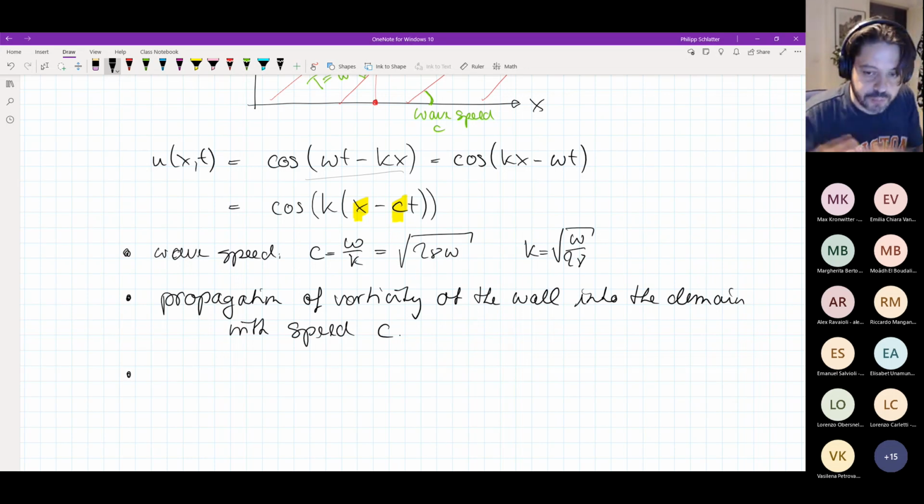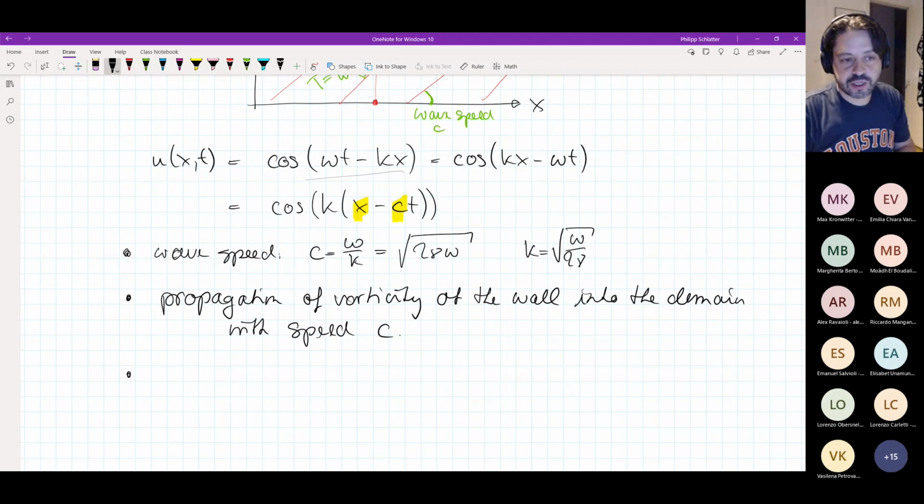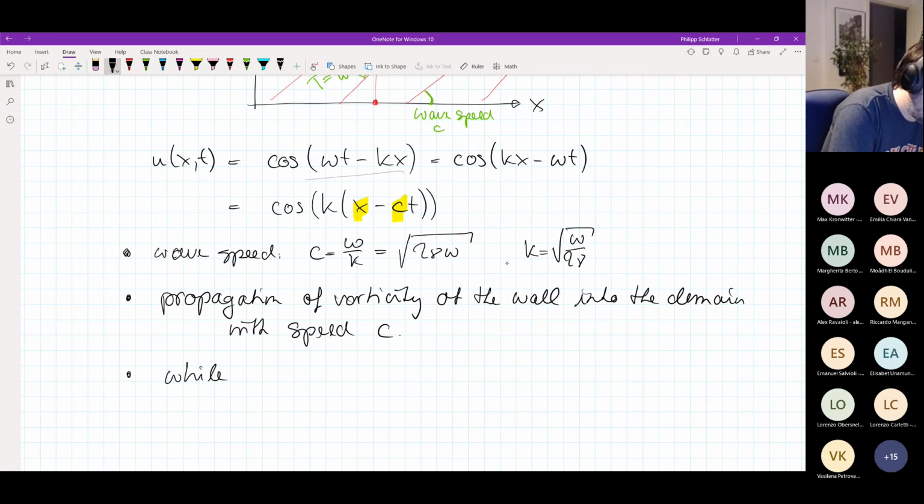And it's not only propagating, because if it was only propagating, it would not decay. But while it is propagating upwards, this vorticity is also decaying with this e to the minus ky. So it's propagating with speed c, while decaying with damping, and it was e to the minus ky.